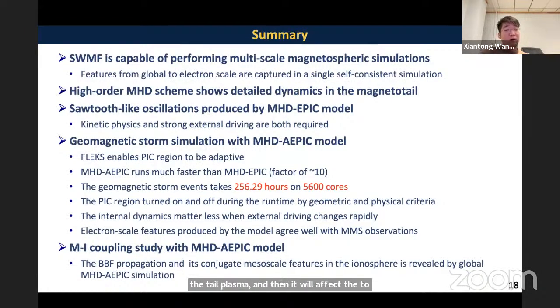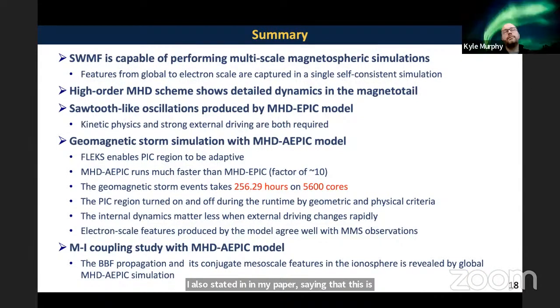And actually, we think that if we include the ions, we may get a better period of the sawtooth, because usually if we have a heavier composition, maybe the reconnection rate will slow down, so we can load more energy into the magnetosphere before it gets released. So I think it's also a very important factor. I also stated in my paper that this probably accounts for the difference or discrepancy between our model and the real observations.